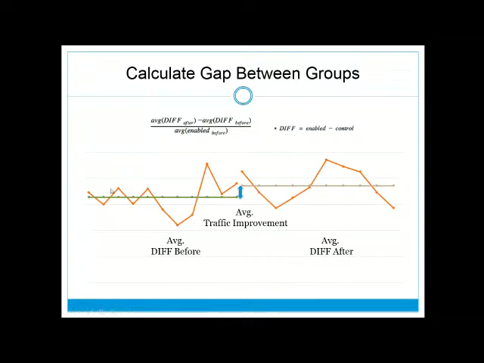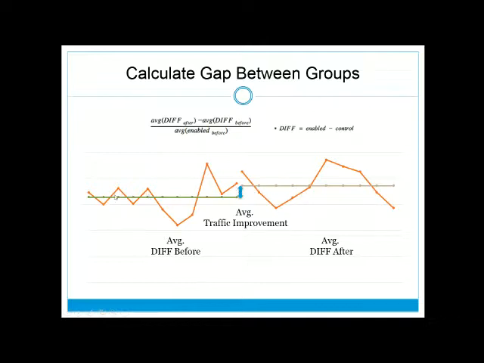So this is what that difference between the enabled and control group is. That's represented by this orange line. And then you have the average of that difference, which is represented by this green line here. And then once your test rolls, you'll be able to see what that looks like, again represented by this orange line, which by itself is really hard to tell if there was an improvement, but because you've used the formula above, you'll be able to see what that average looks like.